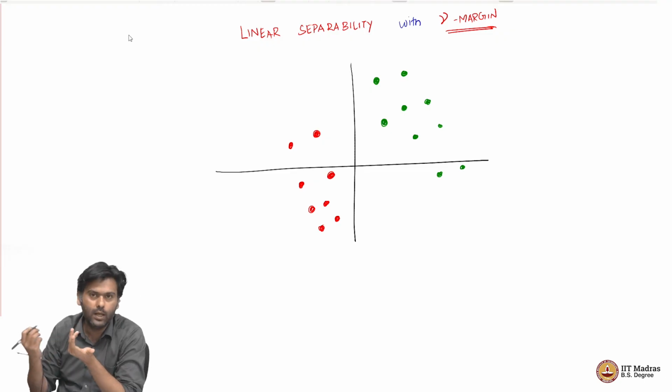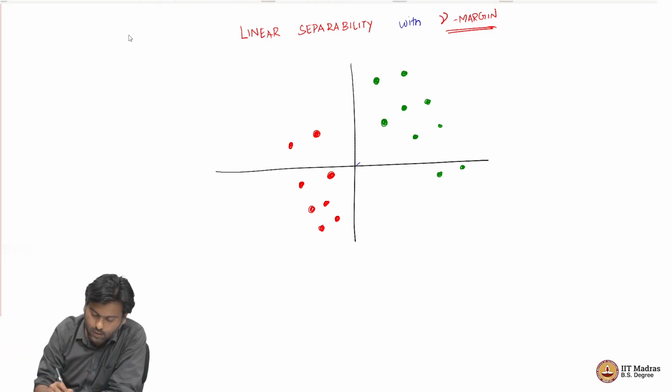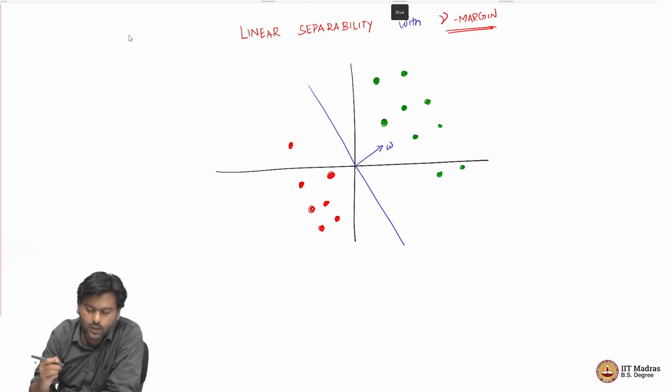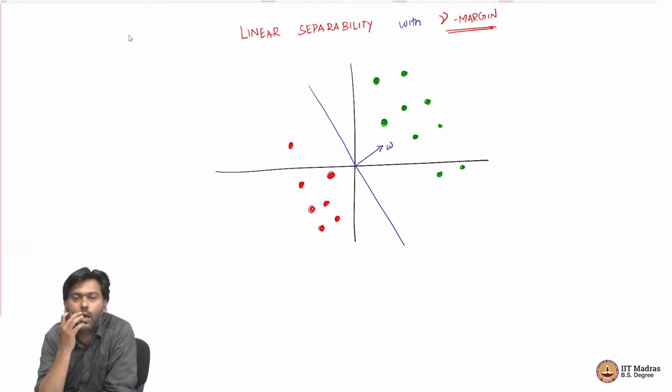This is obviously a linearly separable data set, because I can draw a W such that this line separates the positives from the negatives. So now it's not just linearly separable, it's also linearly separable with gamma margin.